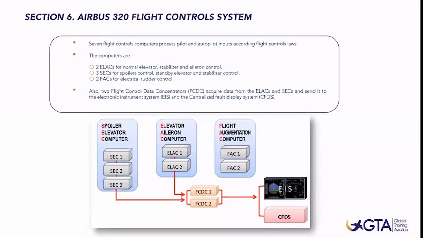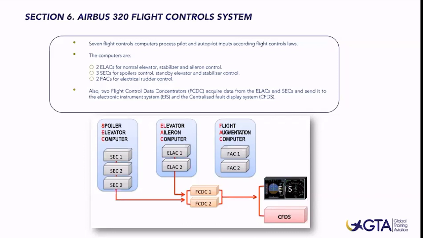Well, we have 7 flight control computers which process pilot and autopilot inputs according to flight control laws. The computers are 2 ELACs for normal elevator, stabilizer and aileron control, 3 SECs for spoiler control and standby elevator and stabilizer control. We have 2 FACs, flight augmentation computers, for electrical rudder control.